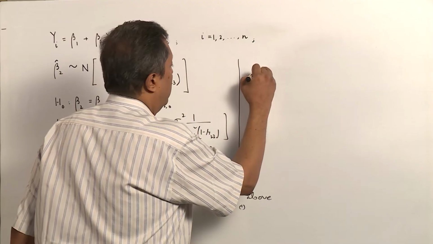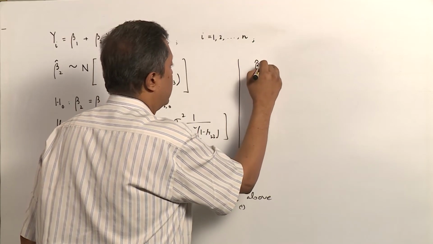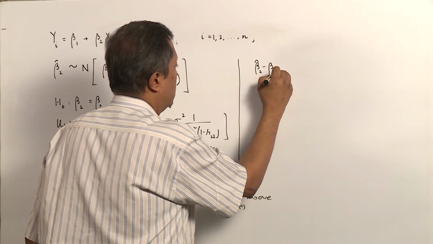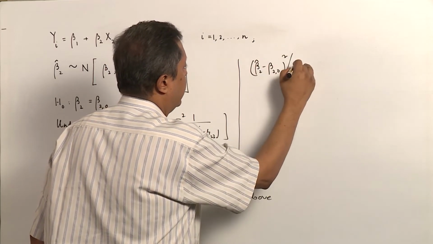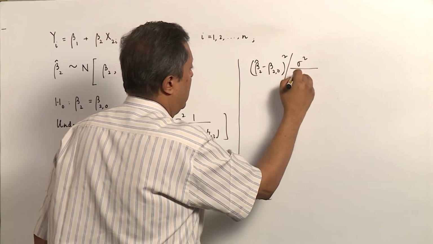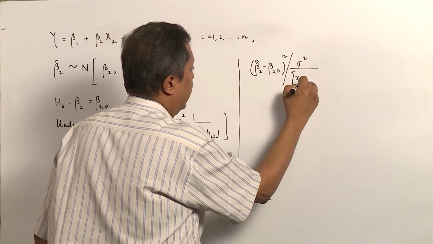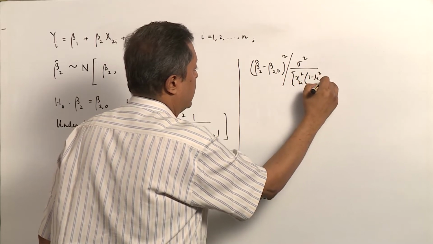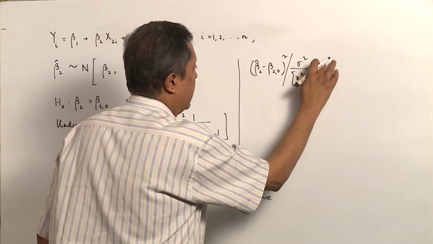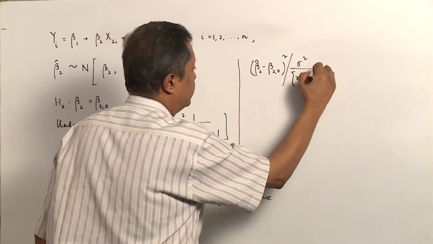So, beta 2 hat minus beta 2 naught square divided by sigma square upon summation x2i square into 1 minus r square 2 3, that's the chi-square with 1 degree of freedom.